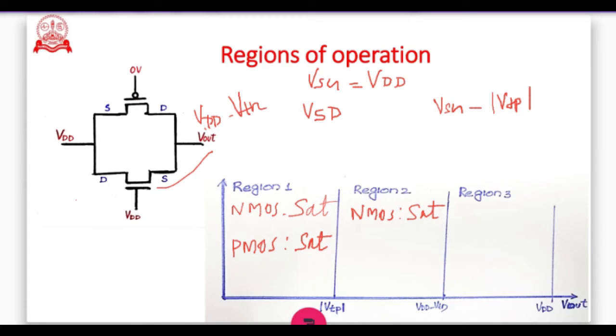Here VSD is VDD minus VDD plus VTN, that is VTN, and VSG minus modulus of VTP is VDD minus modulus of VTP. So VSD is less than VSG minus modulus of VTP. That means PMOS is in the linear region.